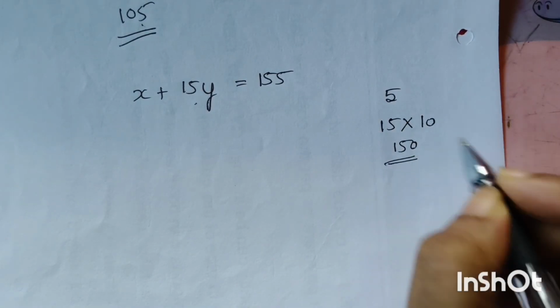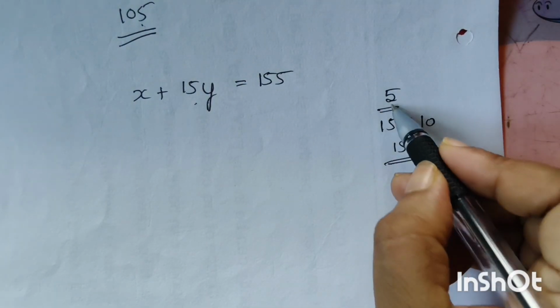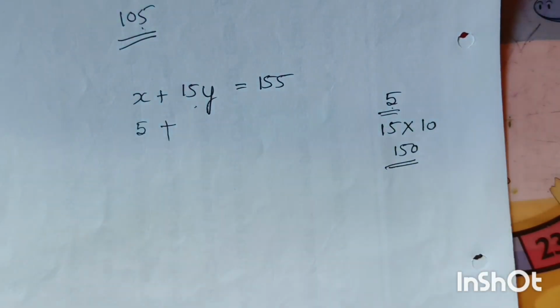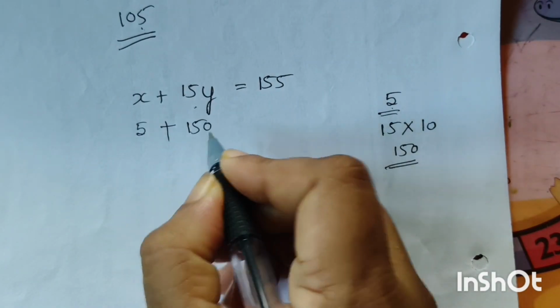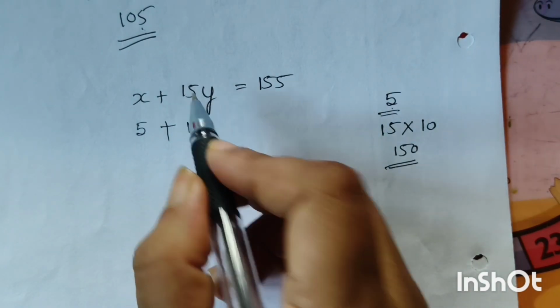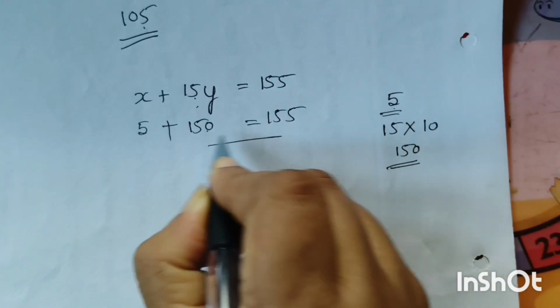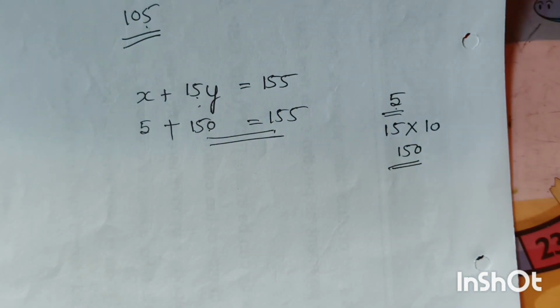Then how much total does he have to pay? The fixed price of 5 rupees plus 150 rupees because he has travelled 15 kilometers. In total, he has to pay 155. Right? This is the meaning of the question.